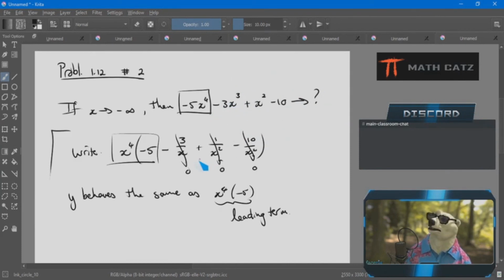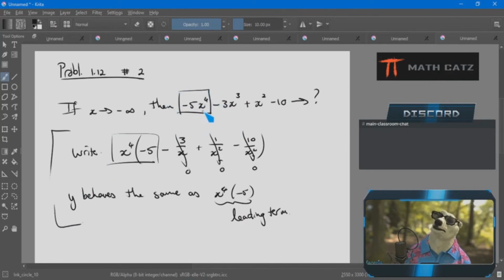Long term, they all fall away. This is what these arrows going to 0 essentially say. In comparison to the leading term, when x is big enough in size, these other terms are negligible. They're so small. So when I look at a polynomial and the long-term question, I only need to look at what its leading term does.